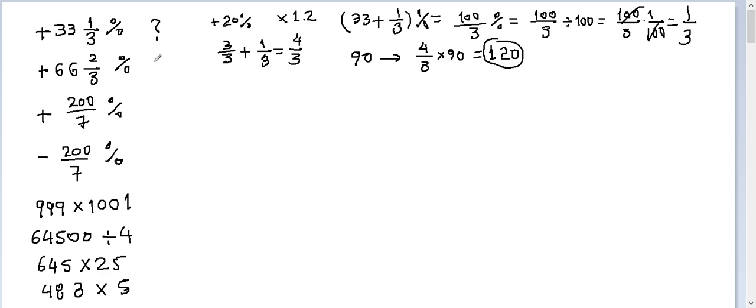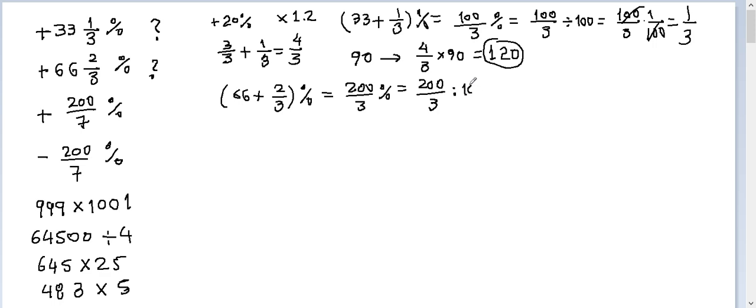In the same way, let's see if we have an increase of 66 and 2/3%. So we have 66 plus 2/3%. It means 3 times 66, 198 plus 2, 200 over 3%. It means that I have to divide 200 over 3 by 100.